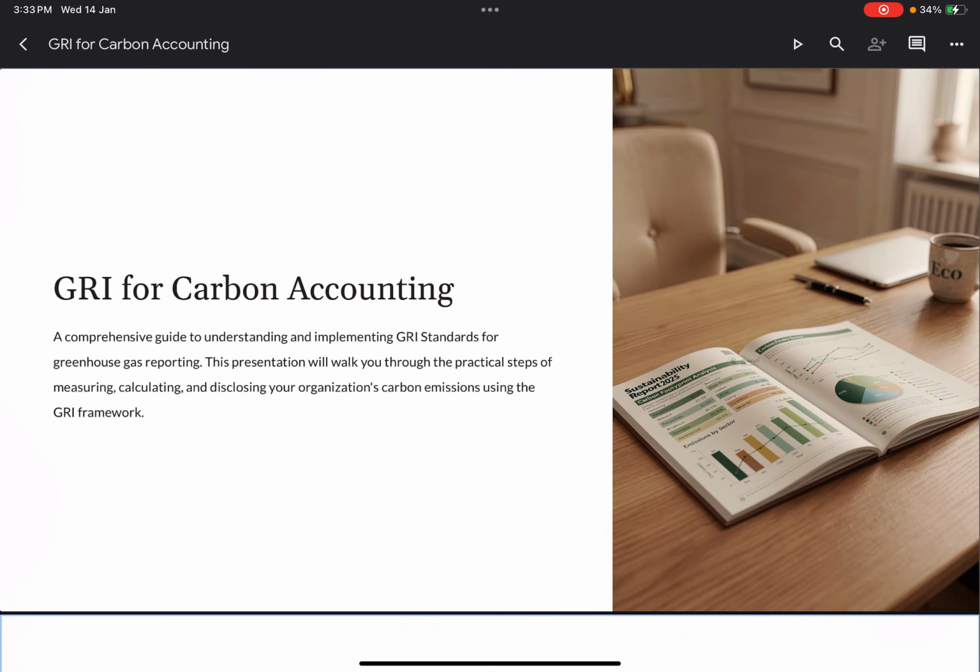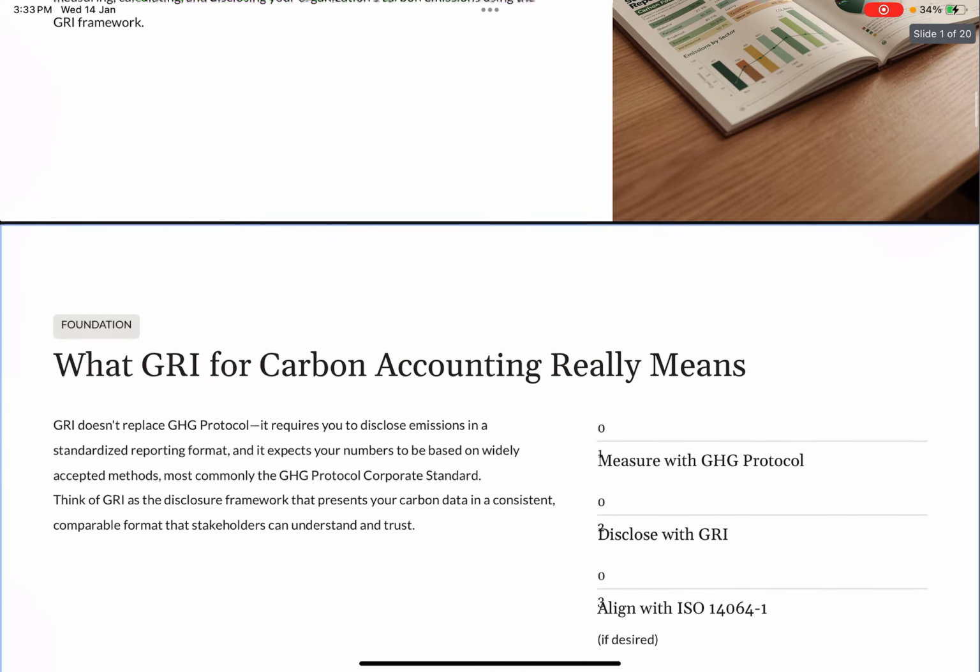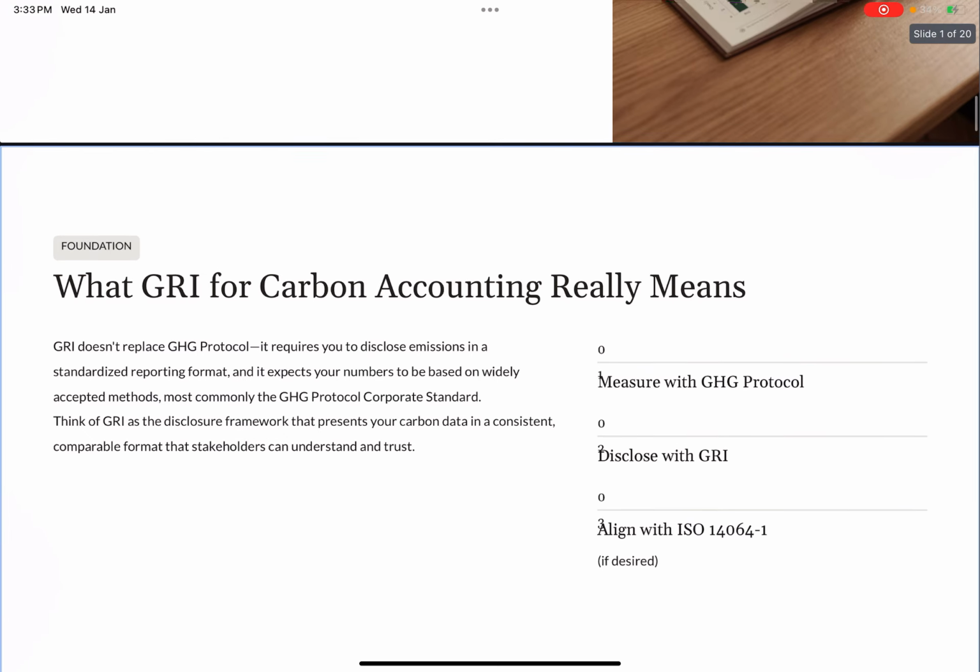Friends, let us now focus our attention on what is known as GRI for carbon accounting. So, it is about the GRI standards for greenhouse gas reporting.